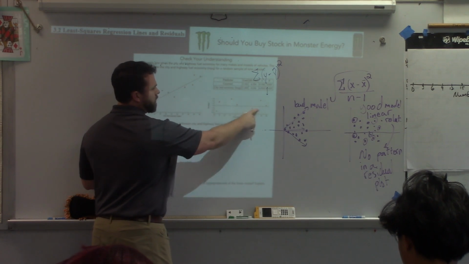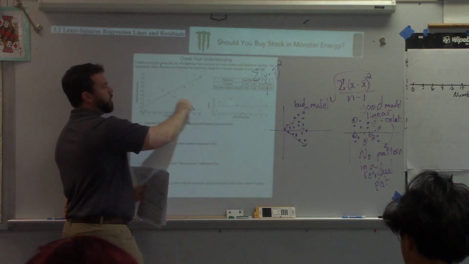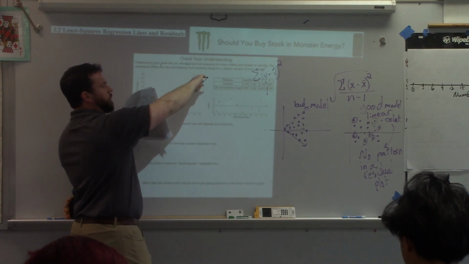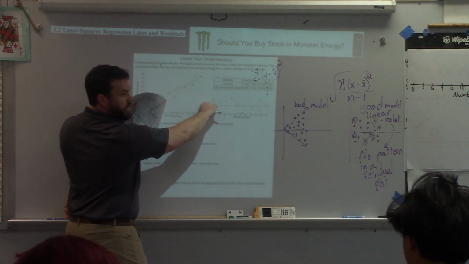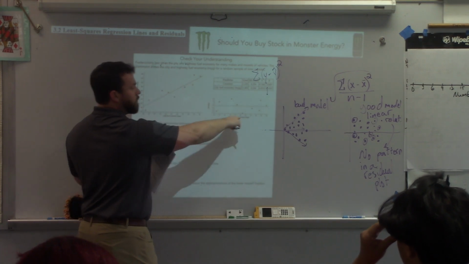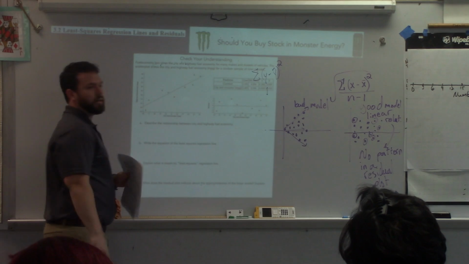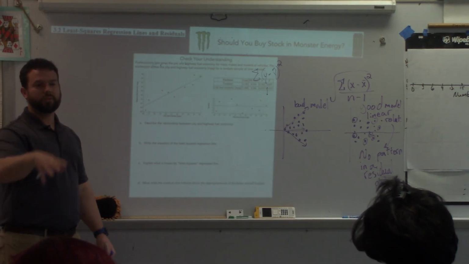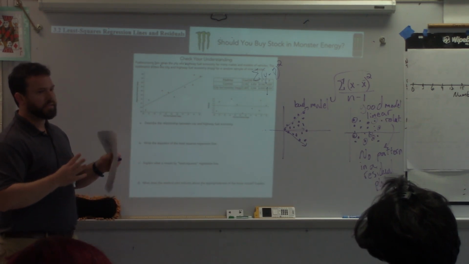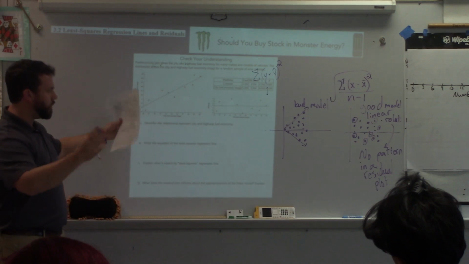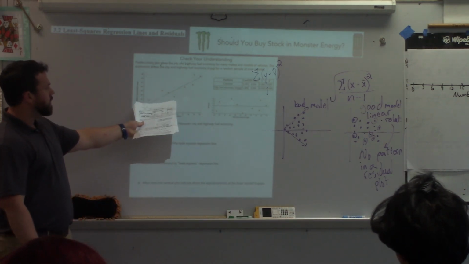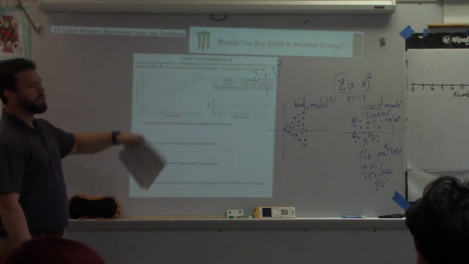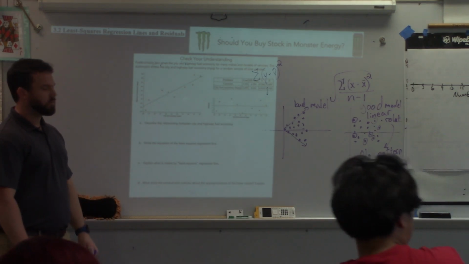If you notice, the residual basically looks like we just rotated this horizontally. But when I look at that, there's no real pattern there. It's fairly scattered. Some are close, some are far away, but there's no curve to it. So is that going to be a fairly linear relationship? Yes, that's linear.